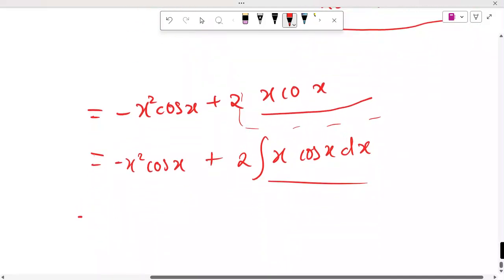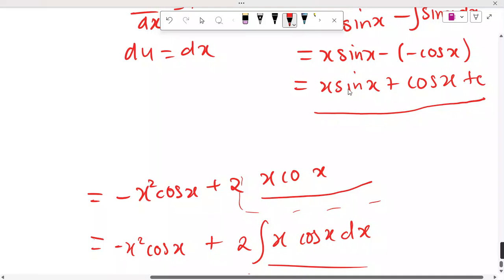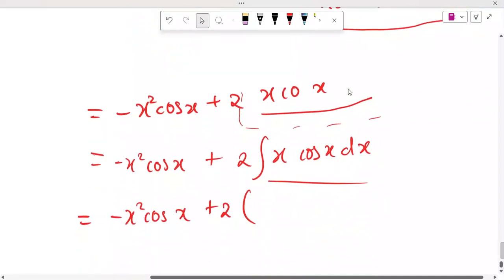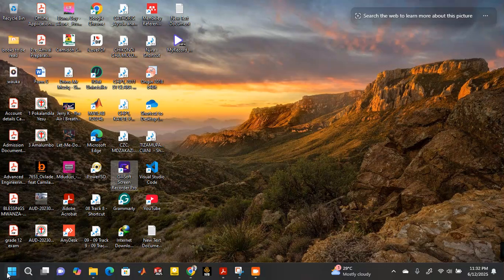So meaning our answer now is negative x squared cos x plus 2 open bracket, where we are putting this one, x sine x, and here is closed.